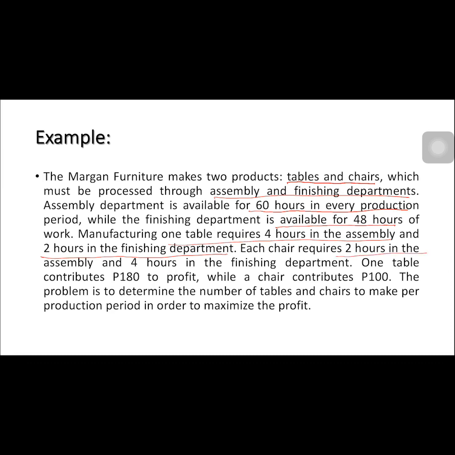Each chair requires 2 hours in the assembly and 4 hours in finishing. One table contributes 180 to profit, while a chair contributes 100. So the problem here is to determine the number of tables and chairs to make per production period in order for us to maximize the profit. Okay? So let us solve for this problem.